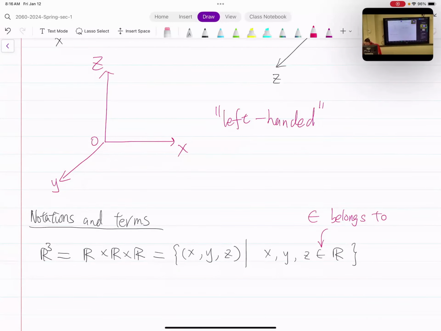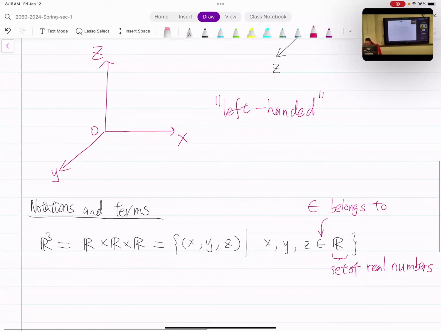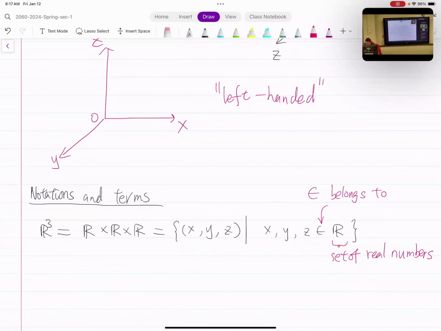And the R here is the typical notation for the set of all real numbers. So when you talk about three-dimensional space, this is just the set of all tuples where the coordinates are free in the set of reals.